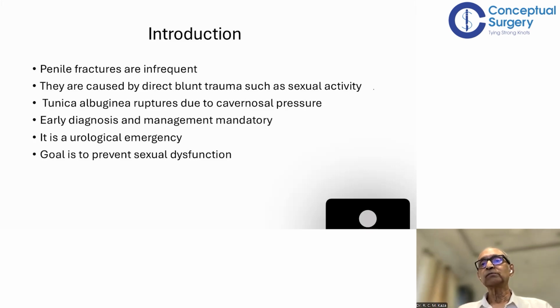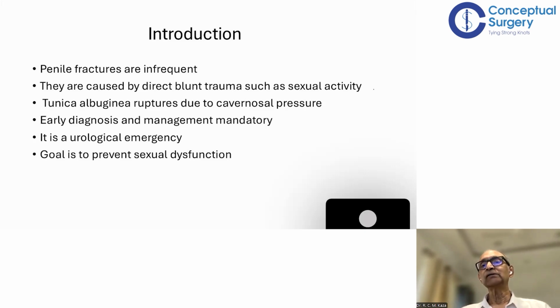They are caused by direct blunt trauma, such as sexual activity, the commonest method. If you see a series of cases, you will find this to be the majority of cases. This has caused a fracture. The next point is that Tunica Albuginea ruptures due to cavernosal pressure. We will discuss this with diagrams as we move through the slides.